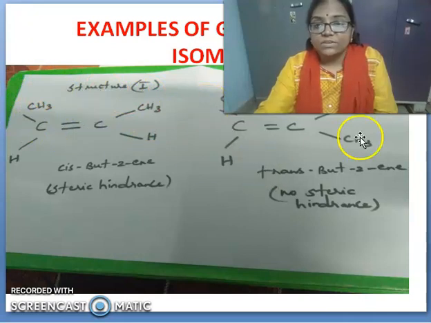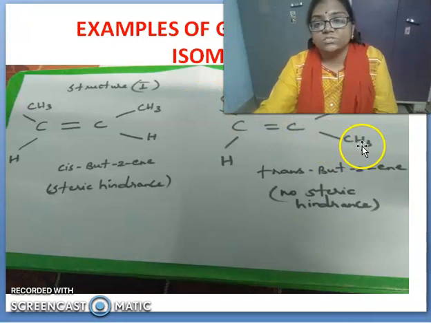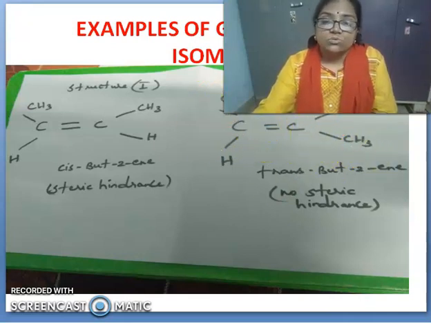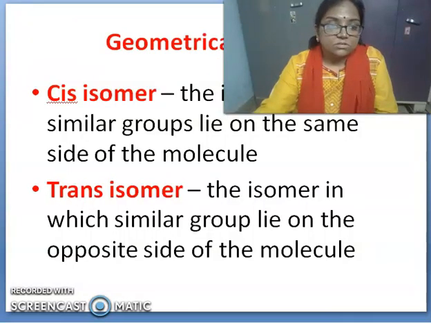Whereas in the case of trans isomers, since the bulky groups are placed diagonally, opposite to each other about the carbon-carbon double bond, this molecule is found to be a more stable one when compared to the cis isomer. So cis isomers are less stable, whereas trans isomers are more stable. So this is the stability.